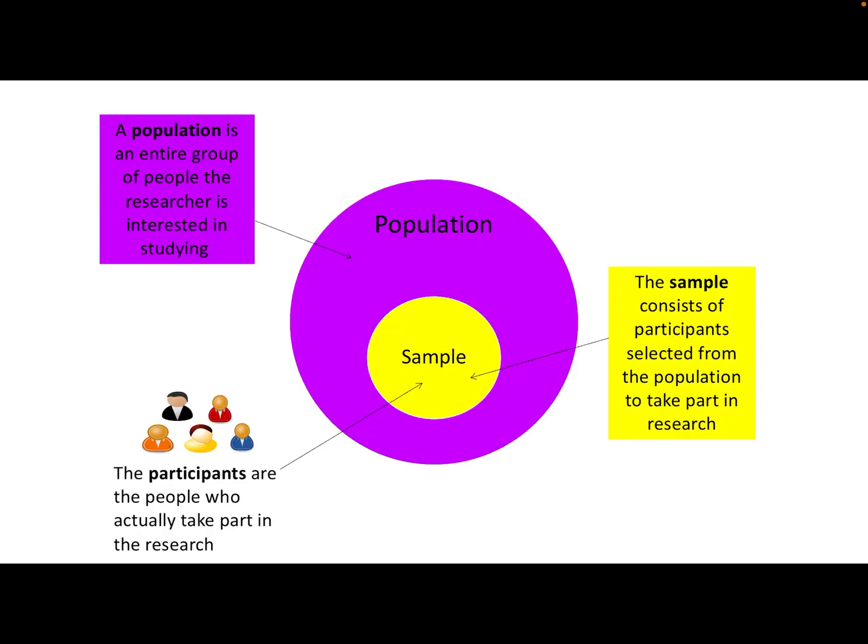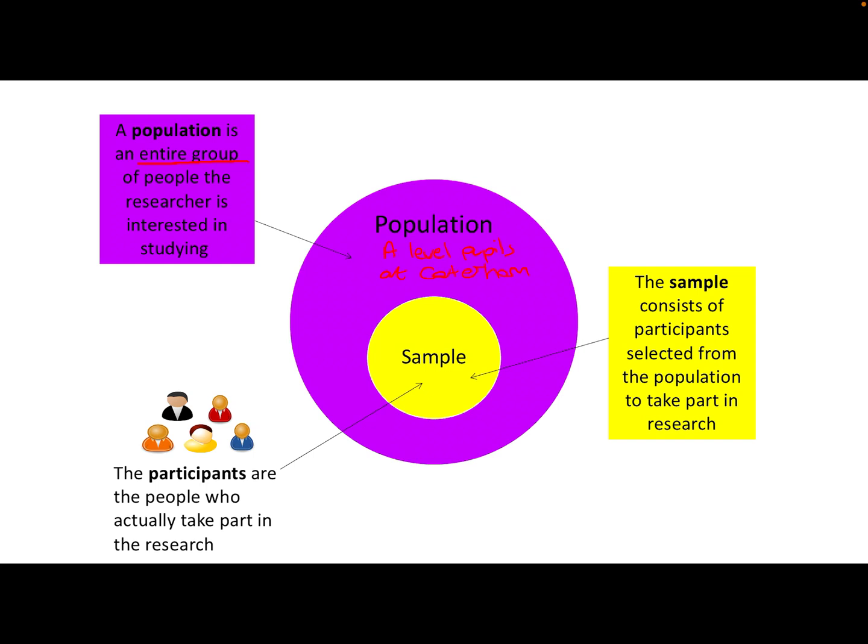So let's just have a look at what this looks like with a nice diagram here. When we're talking about the population, this is the entire group of people the researcher is interested in studying. So let's take here A-level pupils at Caterham. So this is the entire subset here.